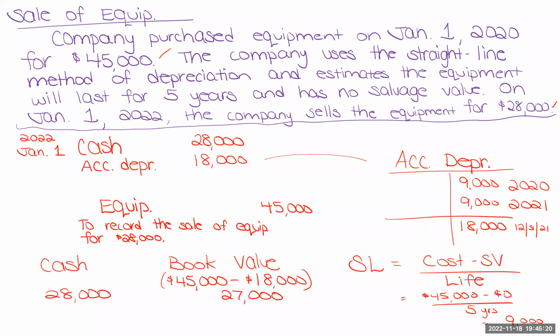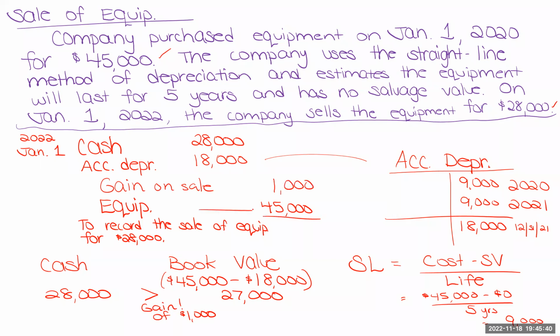All right, our cash is more than our book value, just barely, but that's enough. It's a gain of $1,000. Gains will be credited. Gain on sale of plant asset.